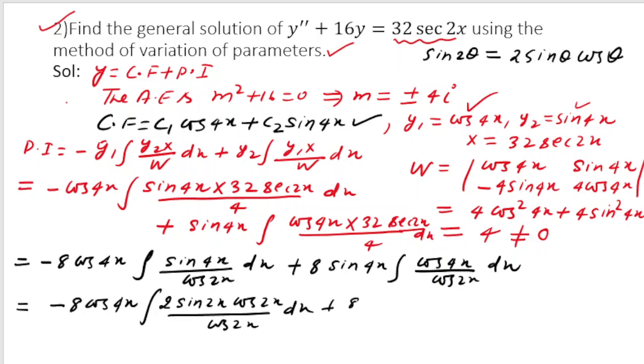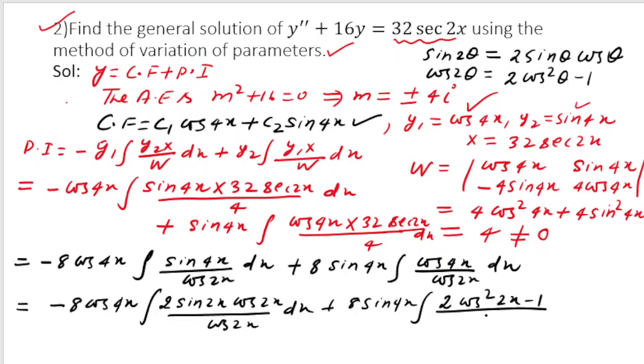We also know a result in trigonometry for cos 4x. You remember that cos 2 theta is equal to 2 cos square theta minus 1. So here this cos 4x term I can write as 2 cos square 2x minus 1, divided by cos 2x dx.